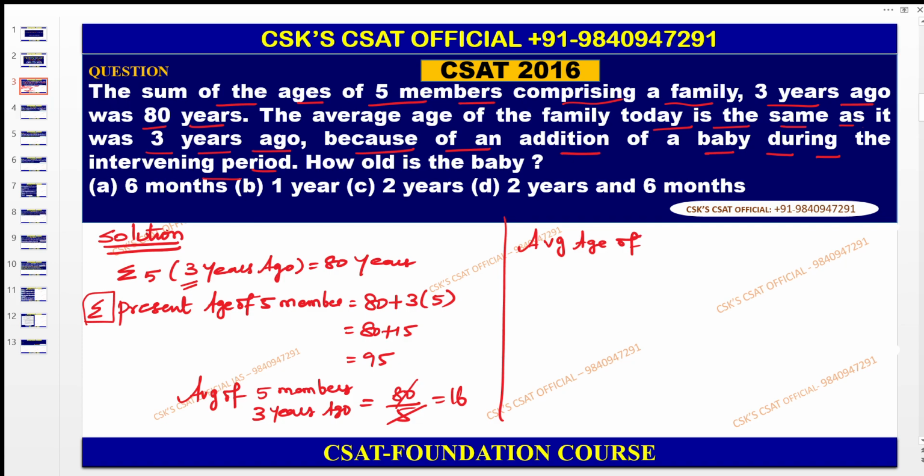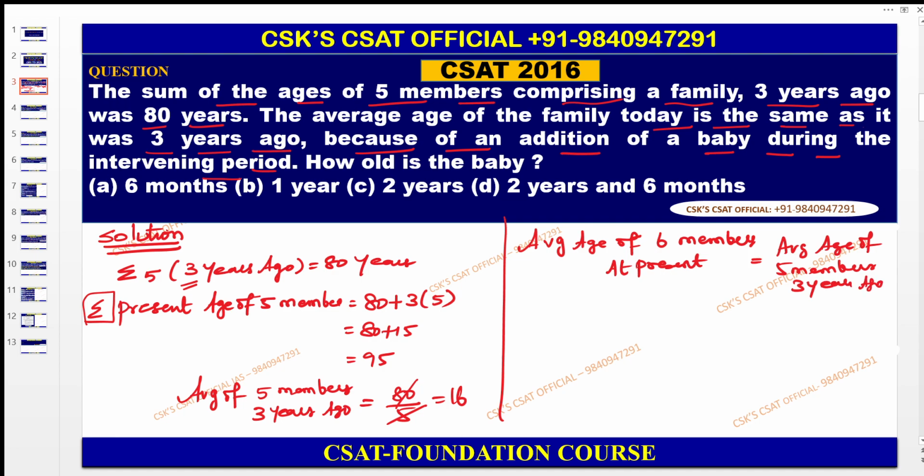So be careful here. 5 members, with the addition of a baby, so the average age of your 6 members at present is equal to the average age of 5 members 3 years ago. So the data are very important. Now try to understand.